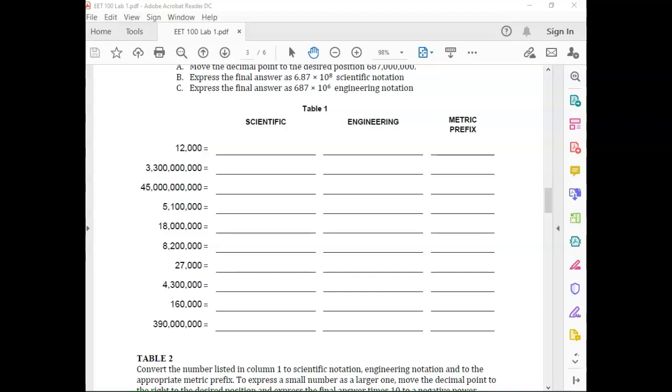So the first one, we have... What is the scientific notation of that?